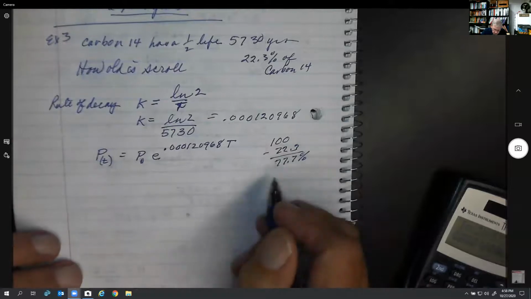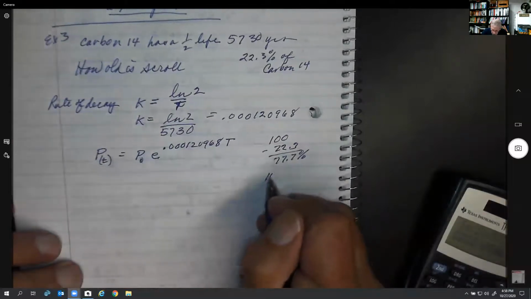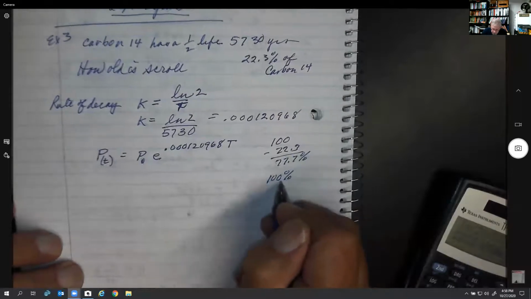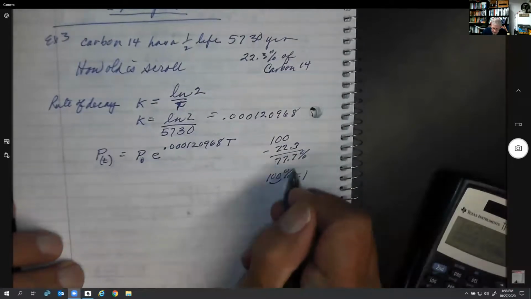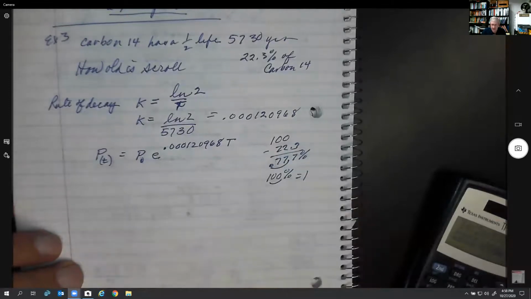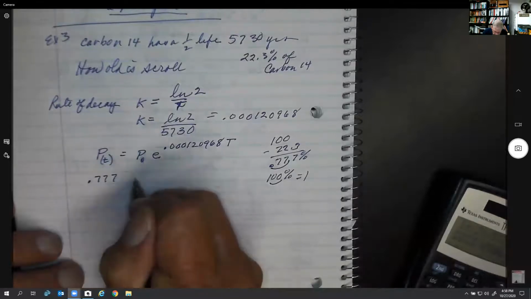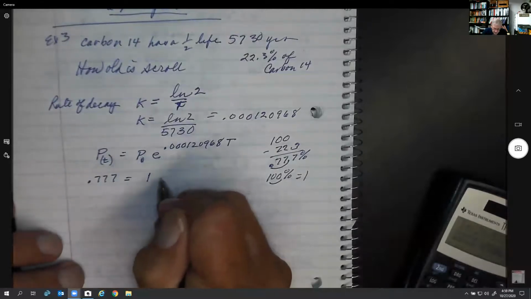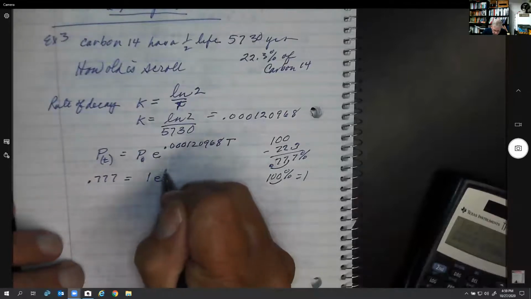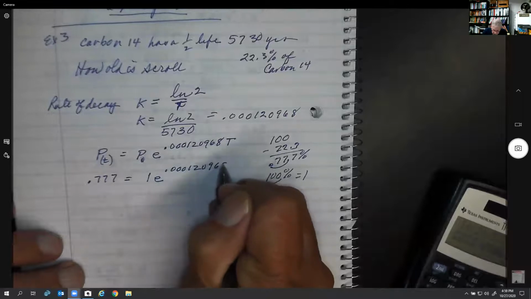But we're going to change them to decimals because that way we can write this as a 1. 100% as a decimal would be 1. 77.7% would be 0.777. So we're going to write this as 0.777 equals 1 times e to this 0.000120968 t.